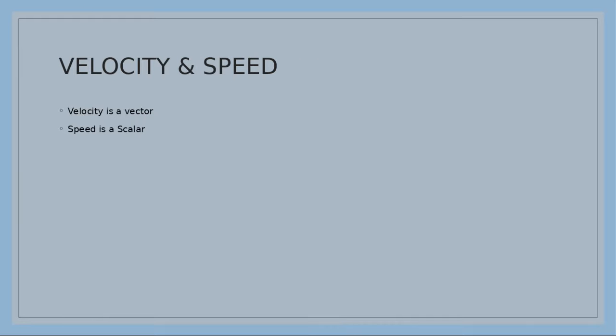Velocity is a vector, so we represent it with the v with the little line on top, and vectors have x and y components in 2D, but let me throw in another one, z.